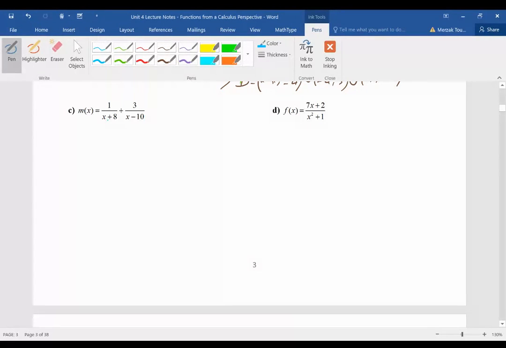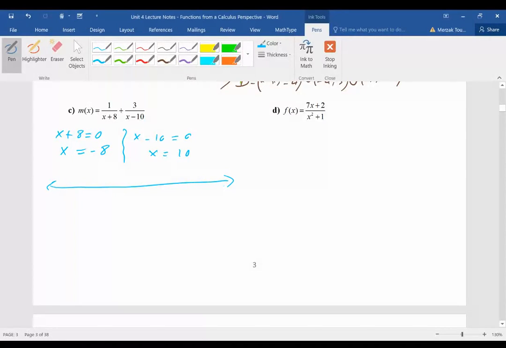So 1 over x plus 8, we want to make sure to exclude the zeros of x plus 8. So x plus 8 is 0 when x equals -8. And then you do the same thing for x minus 10. X minus 10 is 0 when x equals 10. All right, so we're excluding -8 and 10.